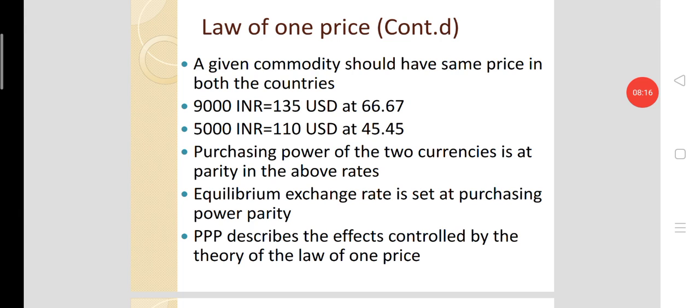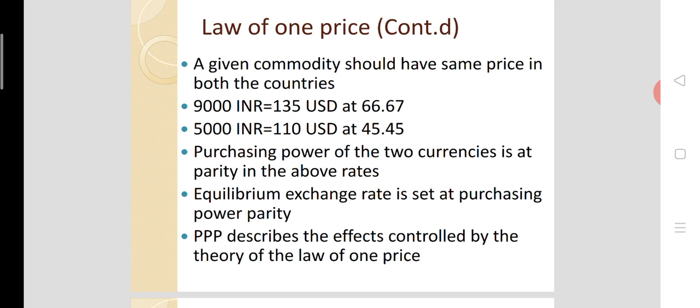So to speak, a given commodity should have the same price in both countries. For example, a 9,000 rupees worth commodity in India will be equal to a $135 worth commodity in the United States. So both are in fact the same price at the rate of 66.67 rupees per $1.